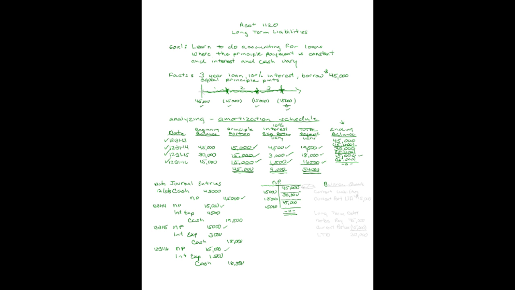Let's look at how it looks on the balance sheet. And for purposes of this loan, I'm going to see how it looks on the balance sheet at the end of the first year. So when we borrow it, we've just borrowed the money and we haven't made any payments. Let's look at long-term debt, or first let's put down current liabilities.